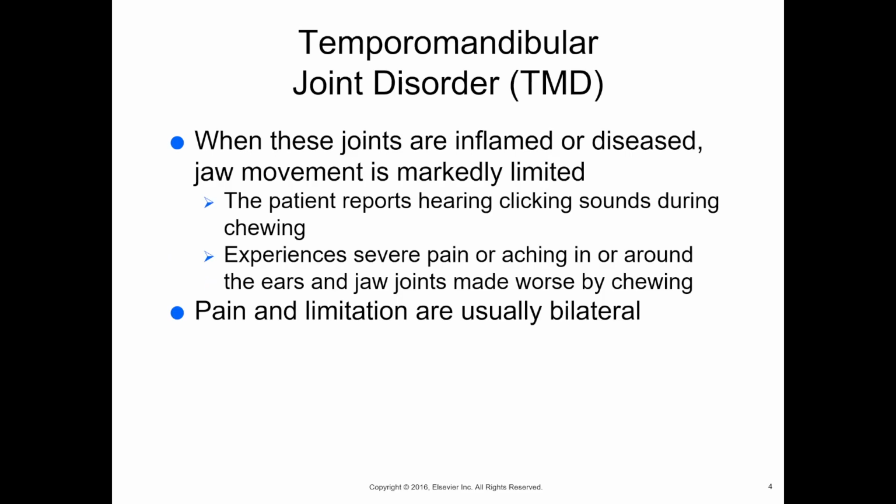So, first thing we're going to talk about, temporomandibular joint disorder. Remember, the TMJ is the joint between the maxilla and the skull, specifically the occipital bone. It allows the jaw to open and close, with the primary muscles of mastication being the medial and lateral pterygoids, as well as the masseter and temporalis.